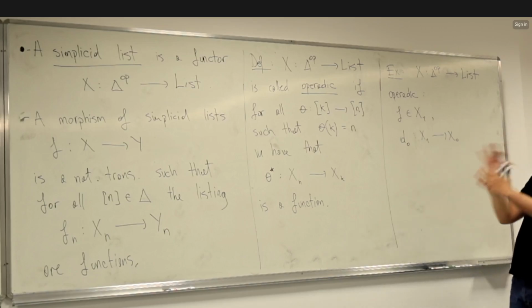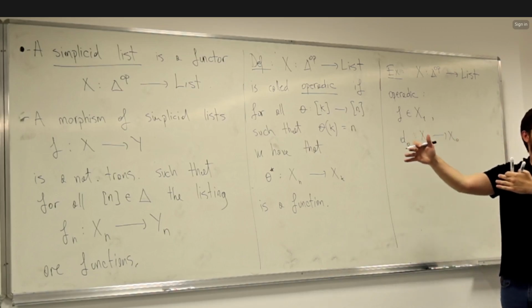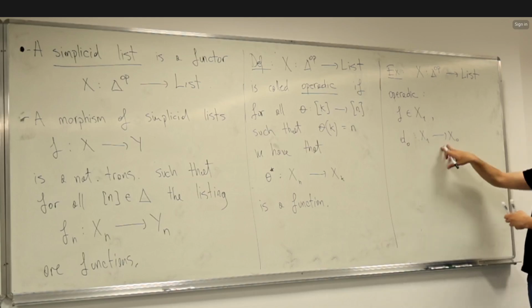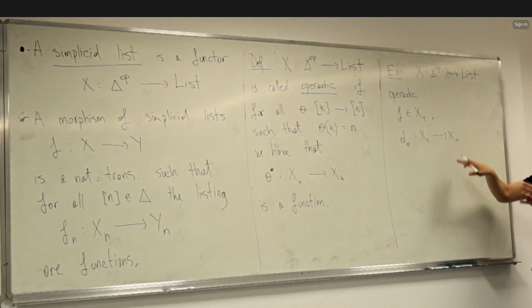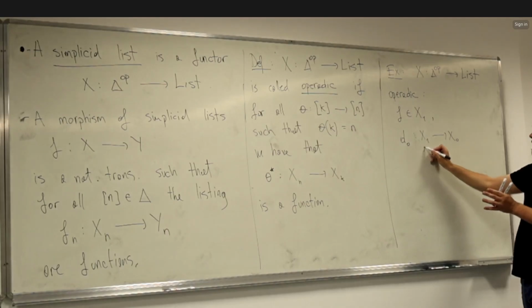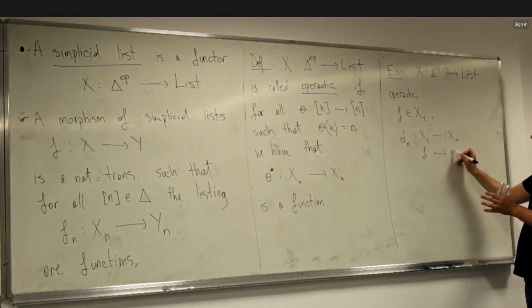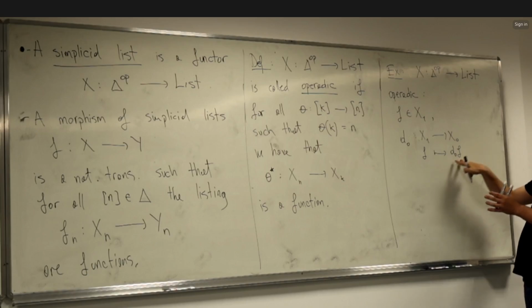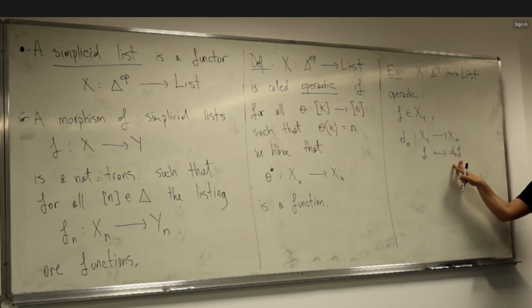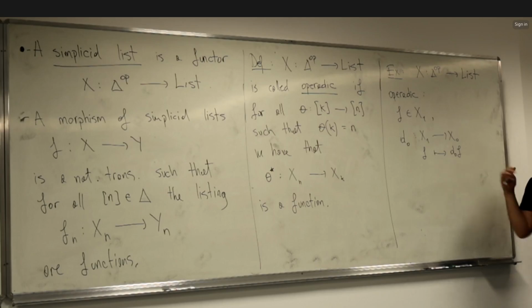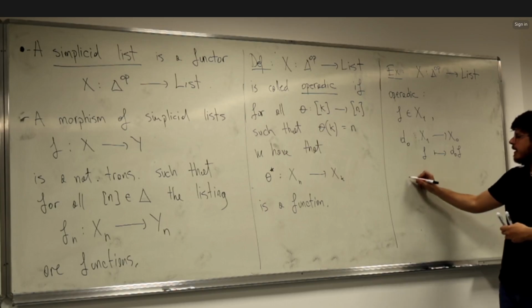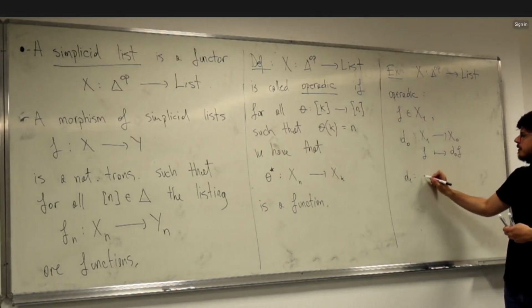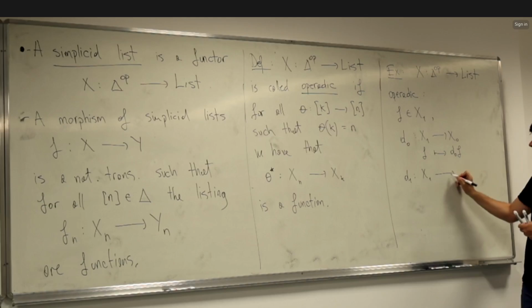I mean, the zero face takes 0 to 1, right? So this has to be a function, which means that I will have a singleton sequence d0 f, which means if we think of f as some sort of morphism or operation, it has a single output, right? And d1 is a listing.